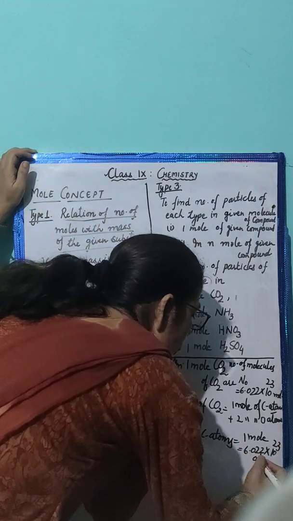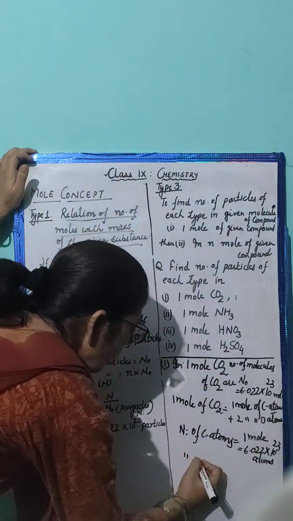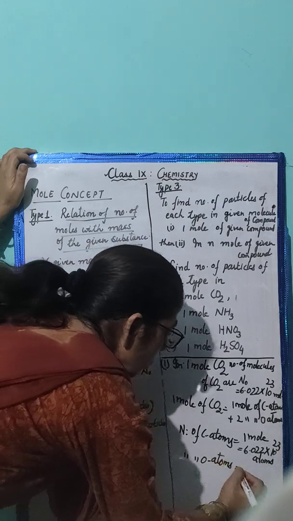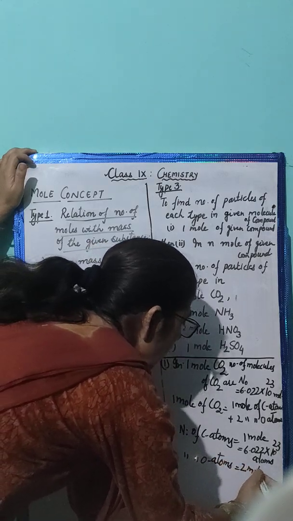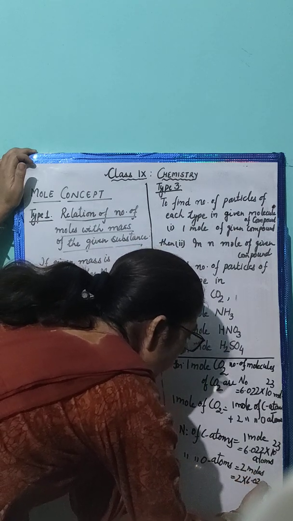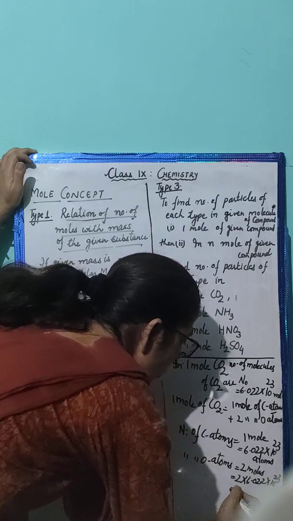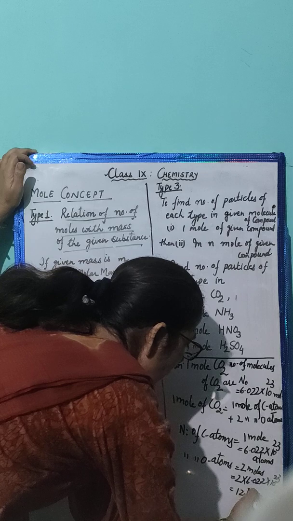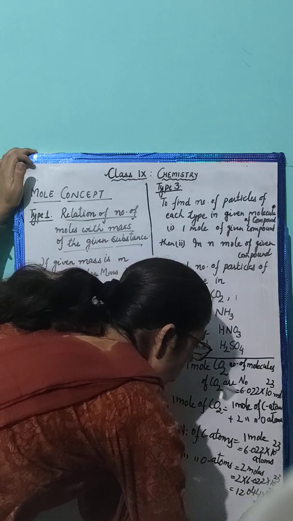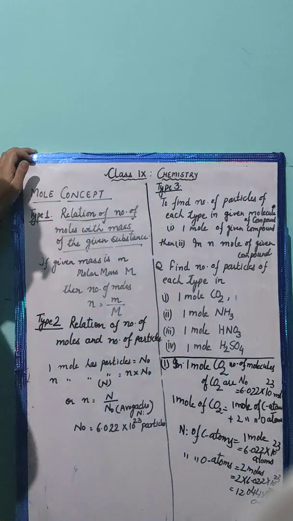And number of oxygen atoms is equal to 2 moles. It means 2 into 6.022 into 10 to the power 23. Multiply it by 2 and the answer will be 12.044 into 10 to the power 23 O atoms. Did you understand this?